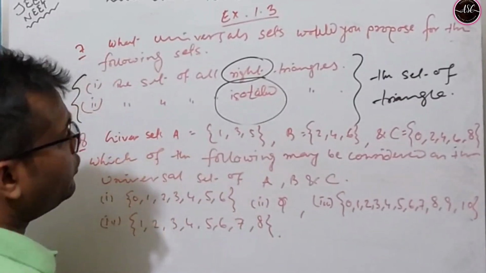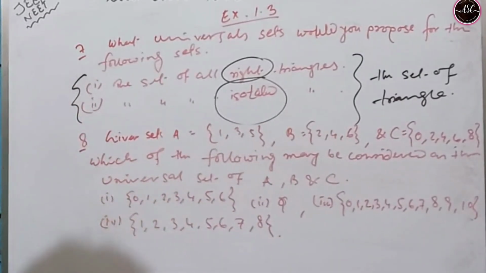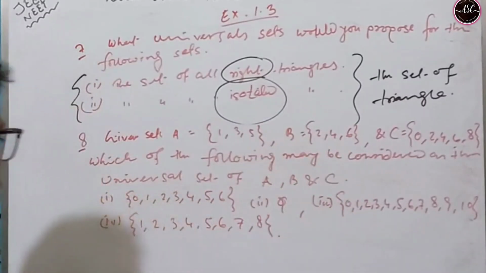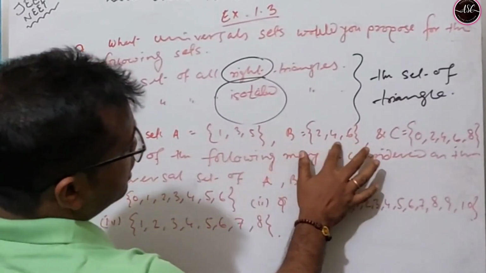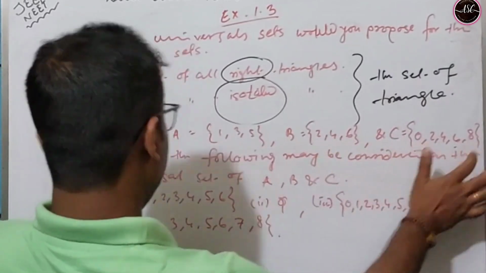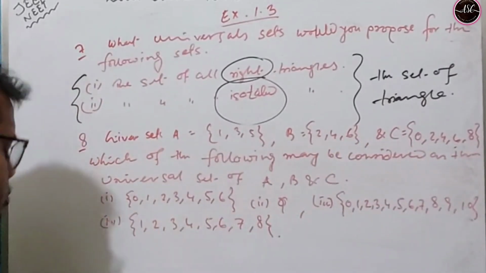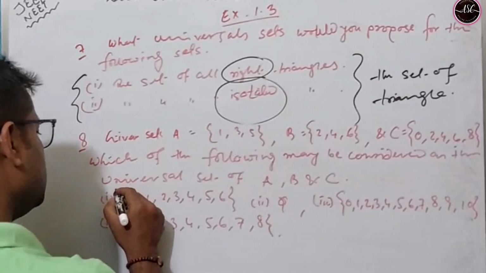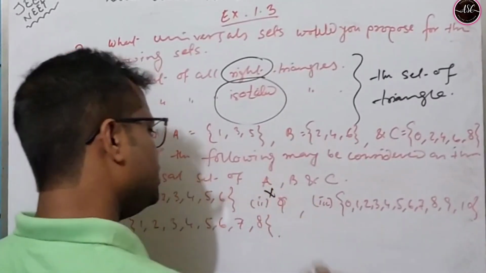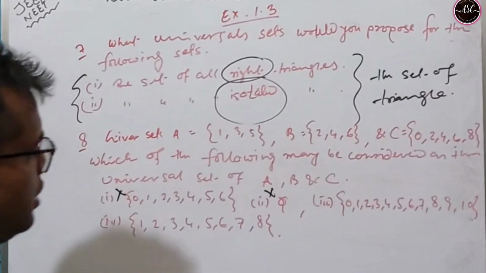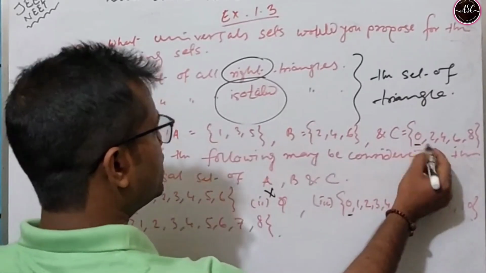So we have to find what all numbers are present. So here 0 1 2 3 4 5 6, let's see 6, here 8, but here 8 is not present, so this is not the universal set. 5, we know this is not the universal set.